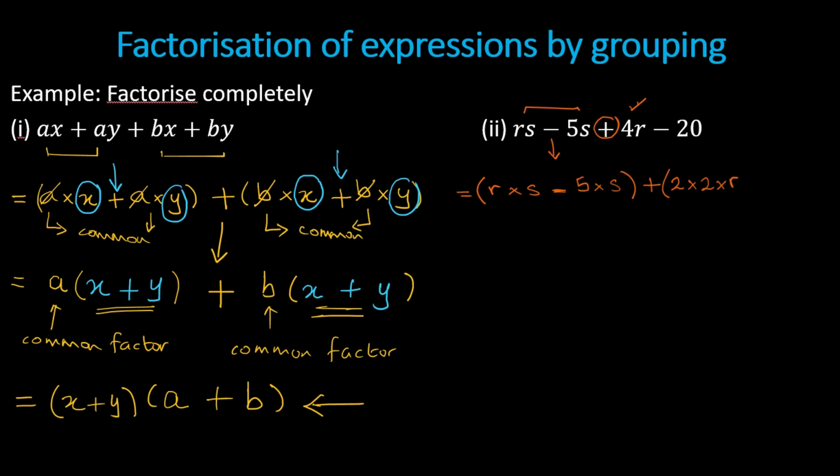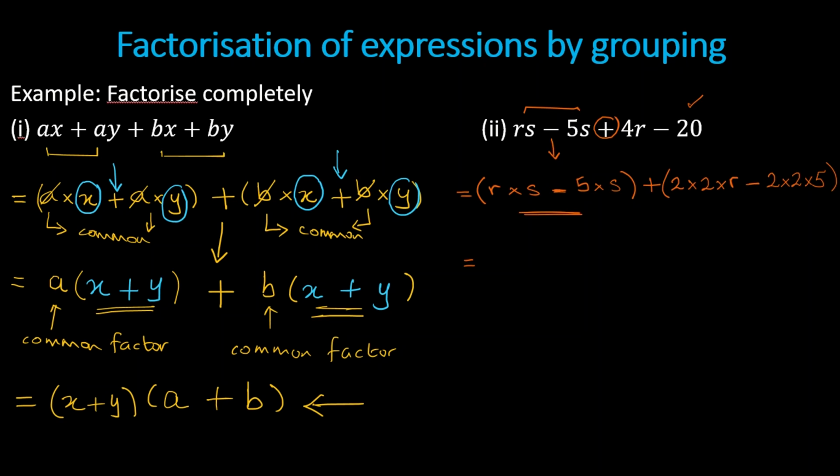Right? Now you have your minus, you insert your minus. What about 20? 20 is simply 2 times 2 times 5. Right? Now what do we do? We identify the common factor.